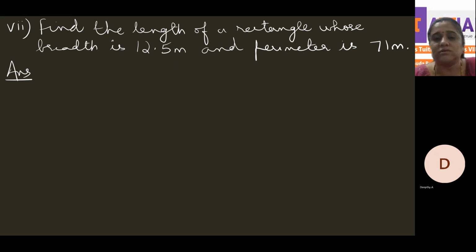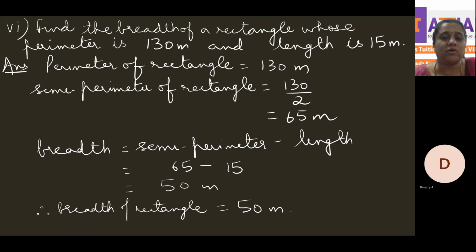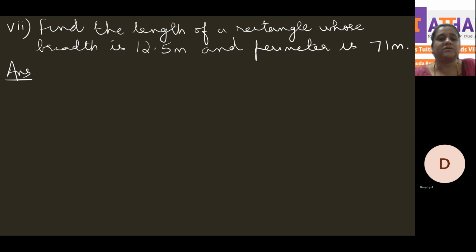Yeah, do this. Follow the procedure here. Here we found breadth. Given perimeter and length, we find the breadth here. Here, given breadth and perimeter, you should find the length. Okay. Do it. Use the steps of the previous answer and do this one.